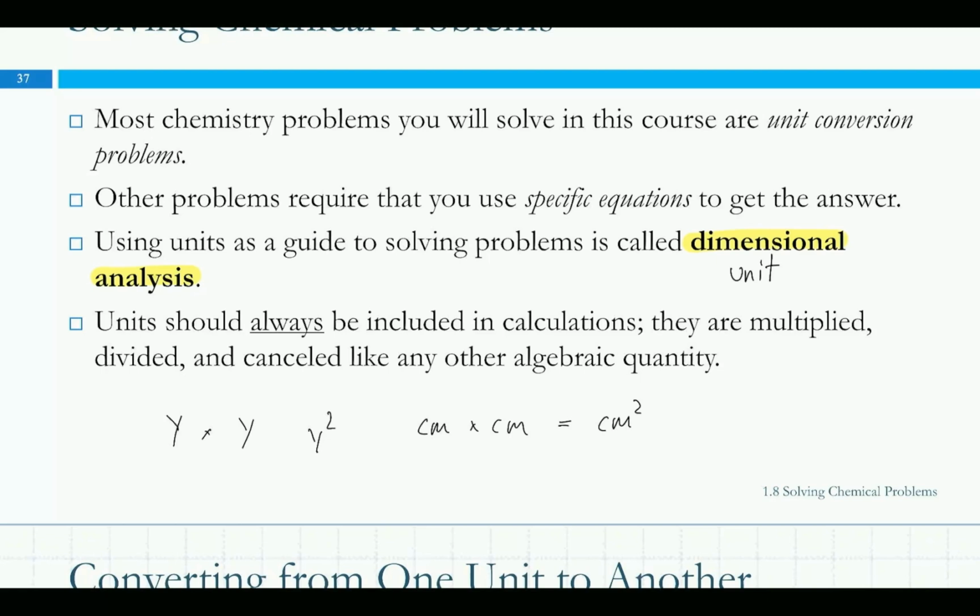If I take y divided by y, anything divided by itself is 1. It's the same for units. Centimeters divided by centimeters becomes 1. So when we say it cancels out, we're really saying that it becomes 1. And I don't care if I multiply or divide by 1, because it doesn't change anything.